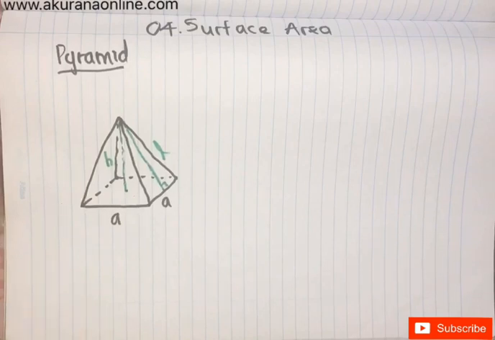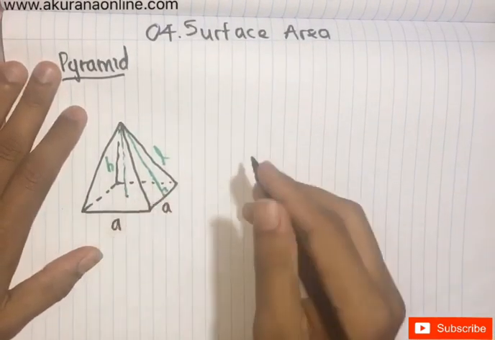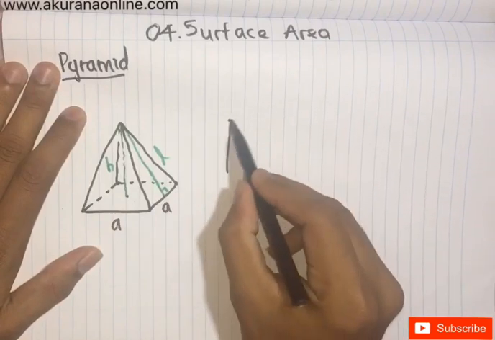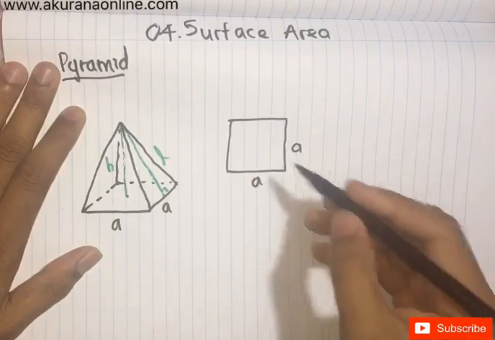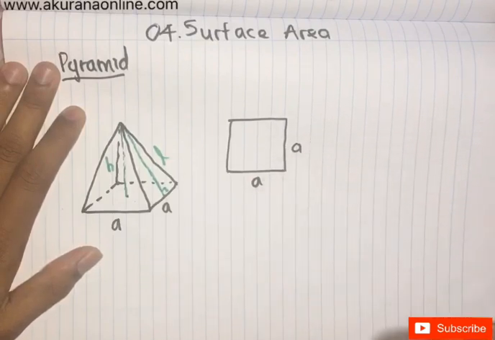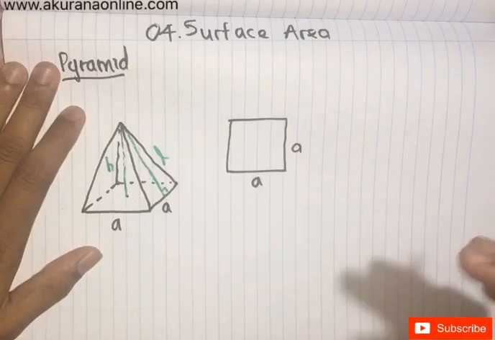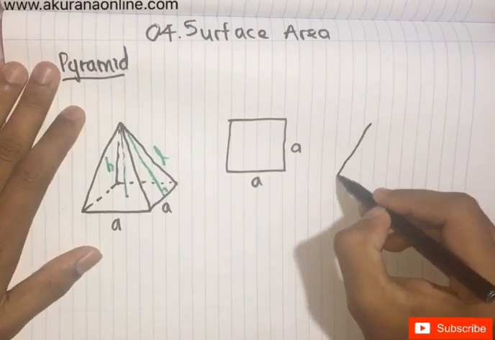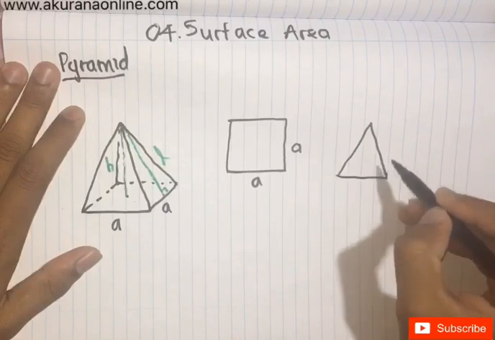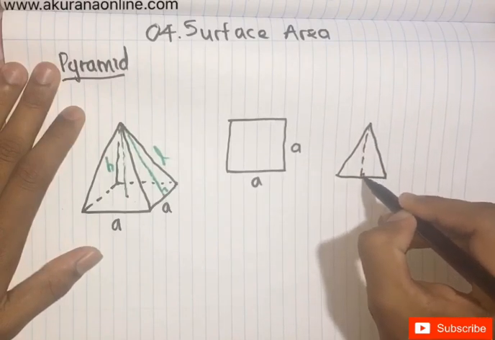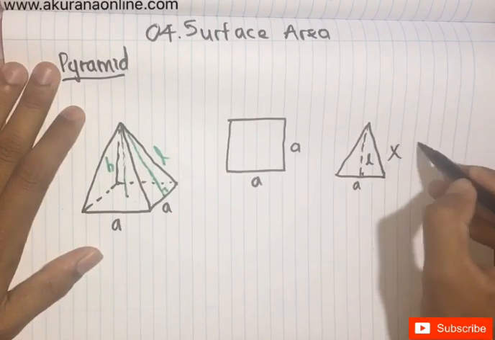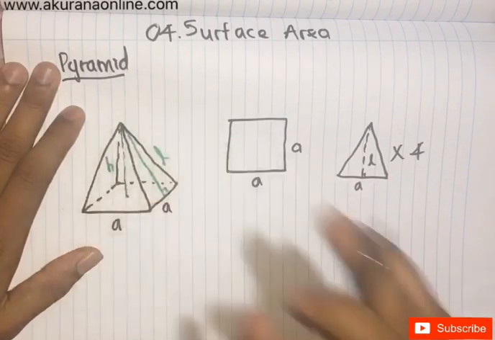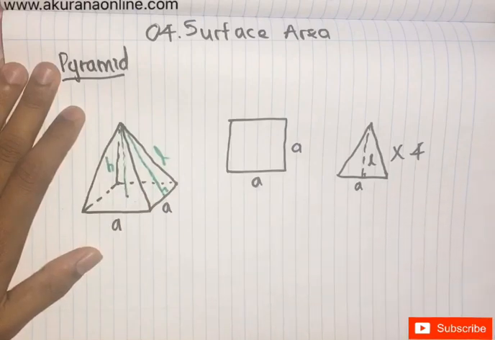Now observe. If I take only the square base, one side is A, so you can find the area, that is A squared. Also you have a triangle like this. This perpendicular height is L and the base is A, and there are four such triangles. On all four sides you have triangles with the same length and base, all are the same.